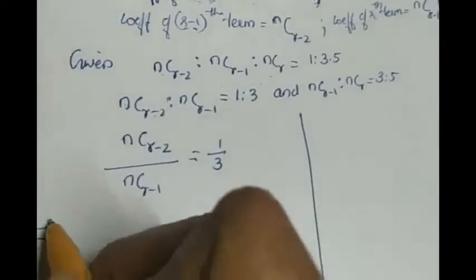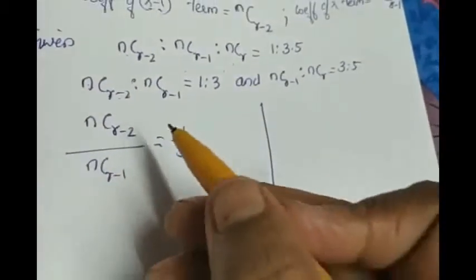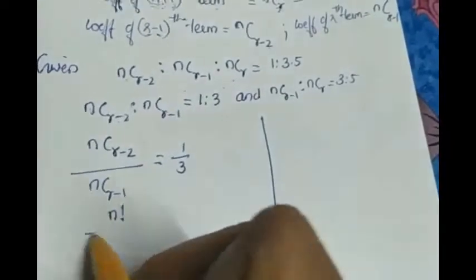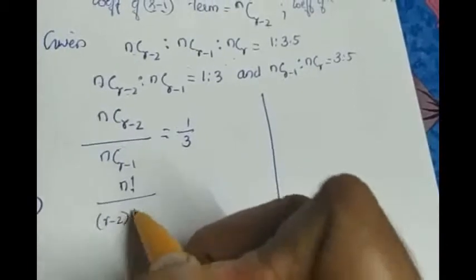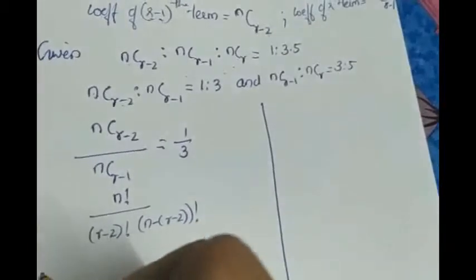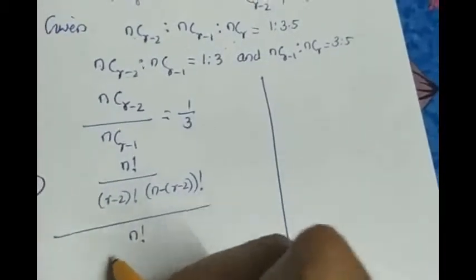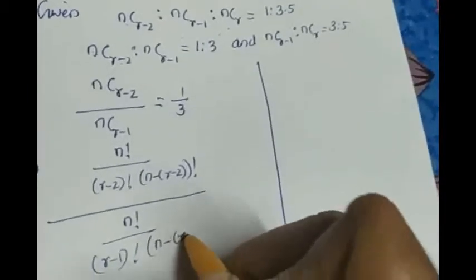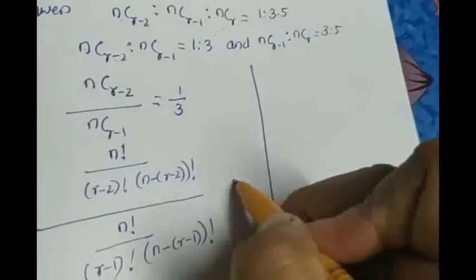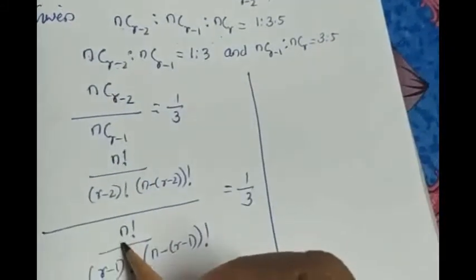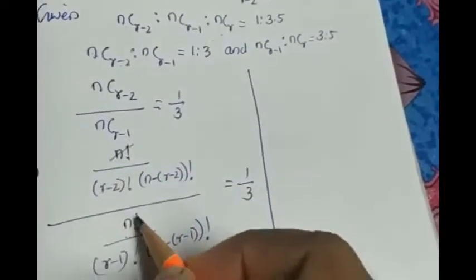This we can write by just applying the combination formula. What is nCr? n! divided by (n-r)! into r!. So here it will be n! divided by (r-2)! into (n-r+2)!, divided by n! divided by (r-1)! into (n-r+1)!, equal to 1/3. The numerators are the same, so they get cancelled.